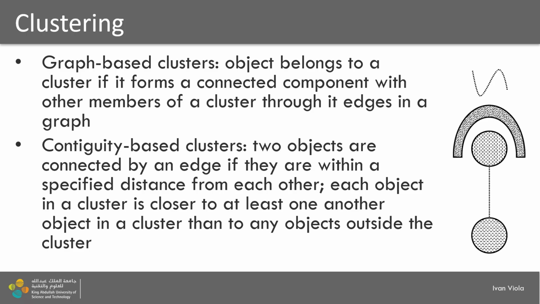Let's have a look at that example here. We can see that this cluster here, these points are very close to each other, and therefore they are clustered together, not because they are all closest to some one center point, but because they are mutually closest to each other within this cluster than any points which are here, any points which are here.